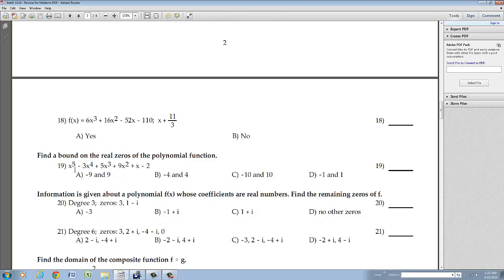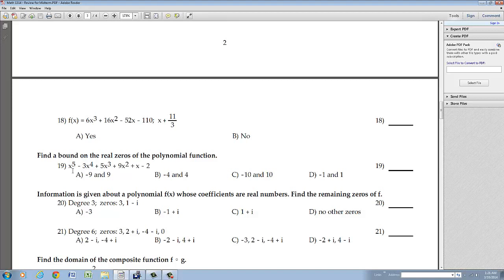Find a bound and the real zeros of the polynomial function. Okay, the bounds basically are determined by using the coefficients of this polynomial other than the coefficient of the lead term. So you're basically dealing with negative 3, 5, 9, 1, and negative 2. And you're finding two numbers, and then you're taking the smaller of the two numbers as your bound.